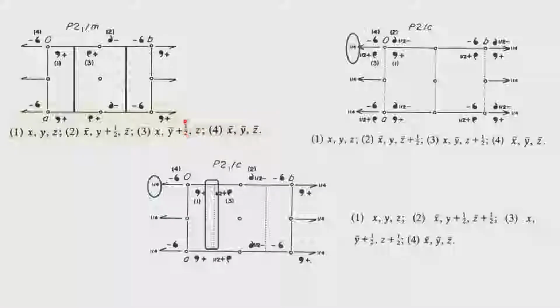Why do we get this half? We get this half because the mirror has moved by 1/4, and there is a mirror at 3/4 as well, which is going to generate the further operations in the other unit cells.